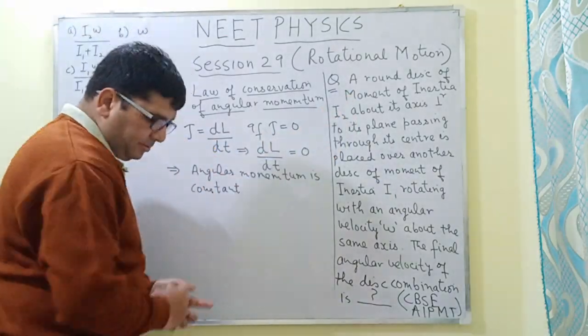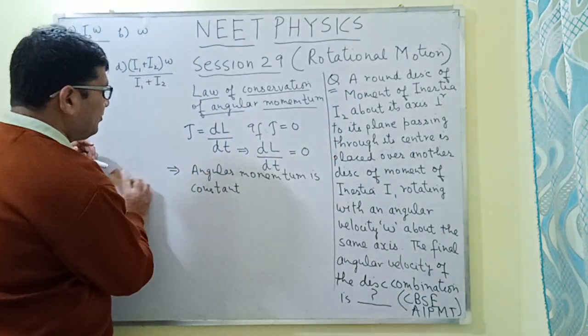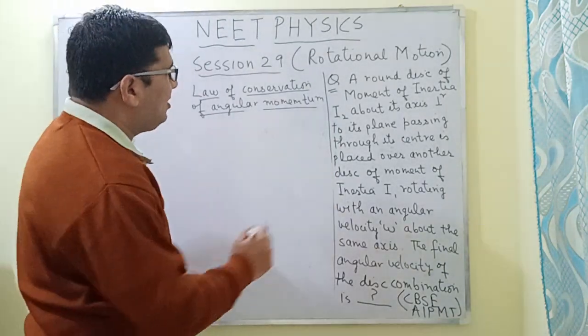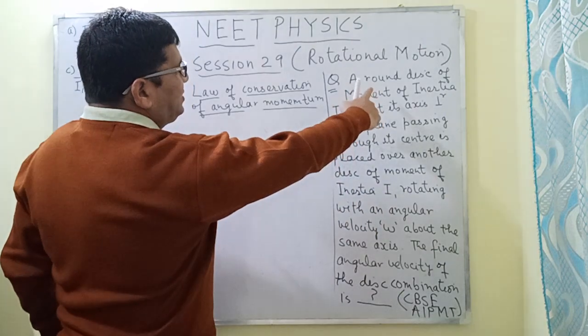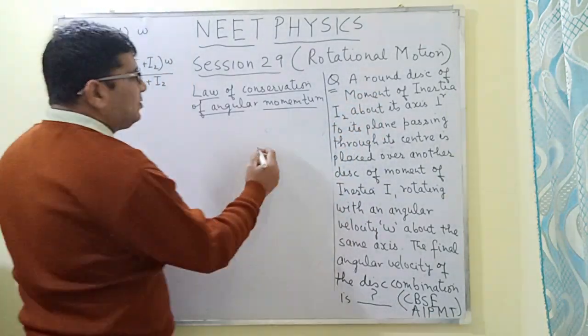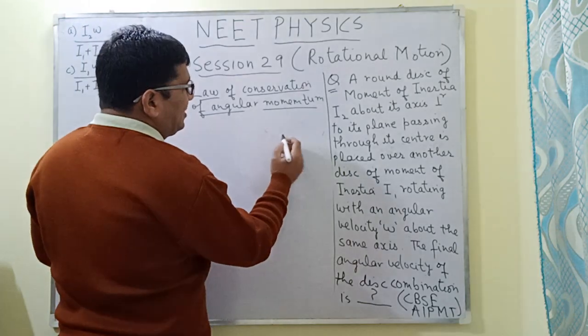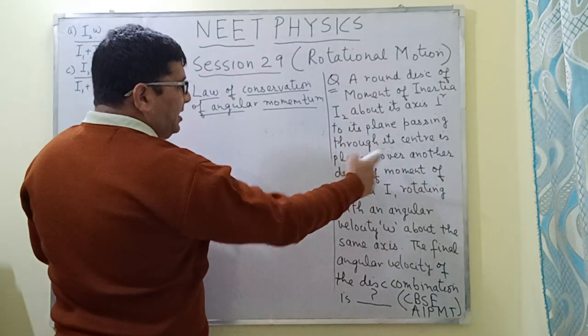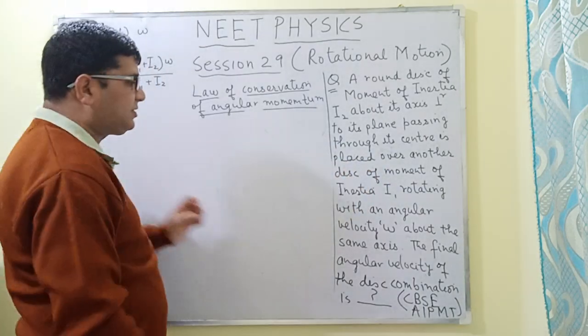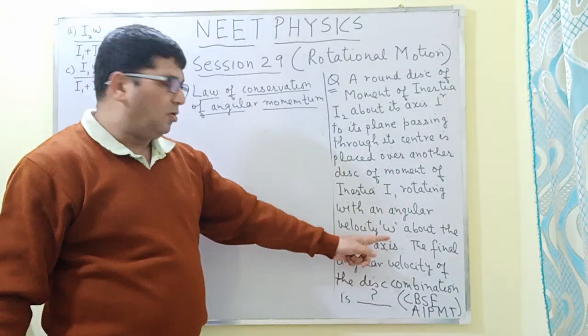Now in this question, there is a disk of moment of inertia I2 about an axis perpendicular to its plane passing through its center, placed over another disk of moment of inertia I1, which is rotating with an angular velocity omega.